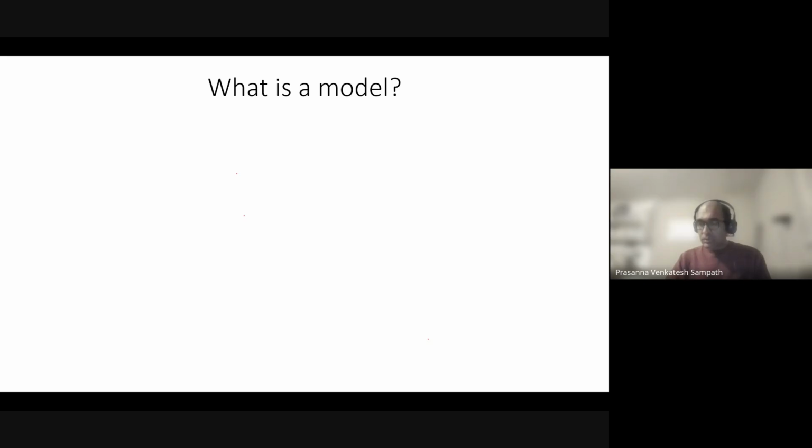Anybody would like to volunteer and throw some ideas? What is a model? Anybody? What do we understand by a model? Forget about groundwater modeling and all of that. Generally speaking, if I say a model, what do we mean by the term model?